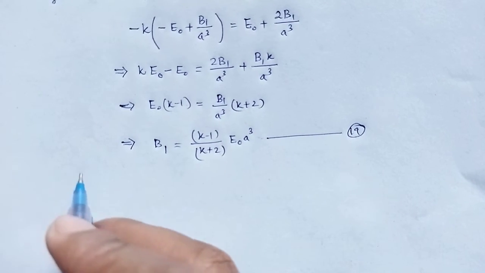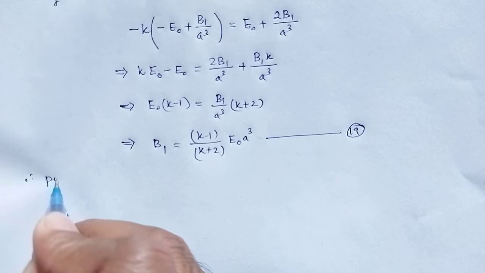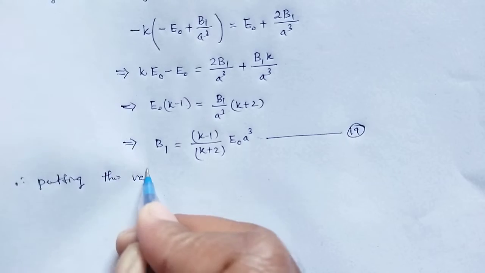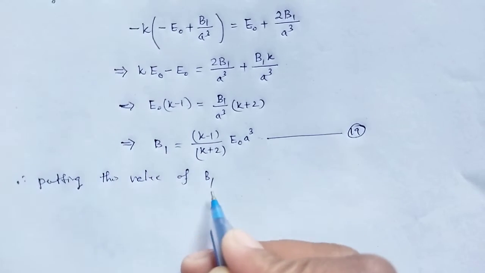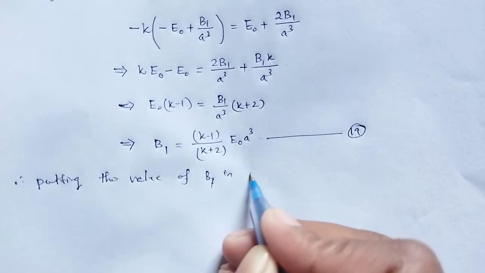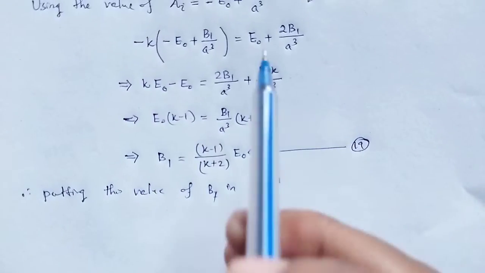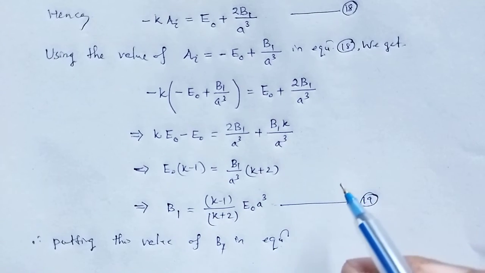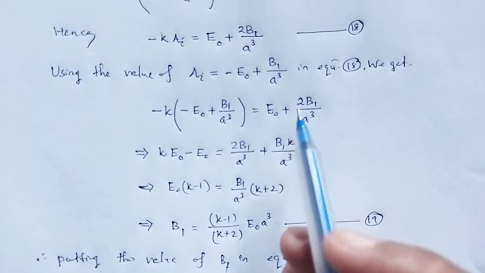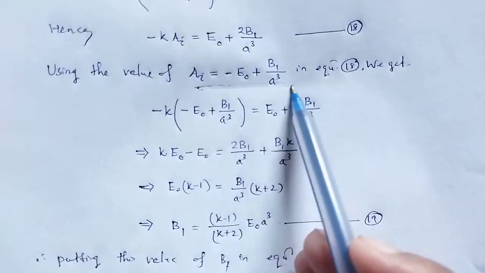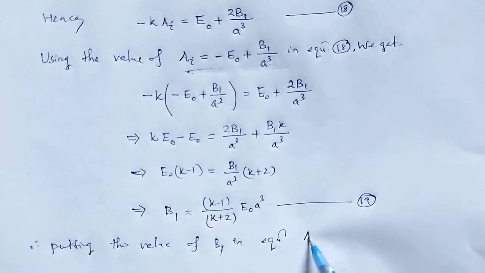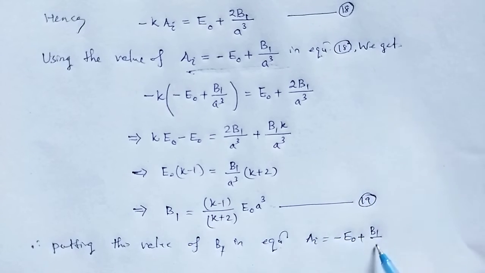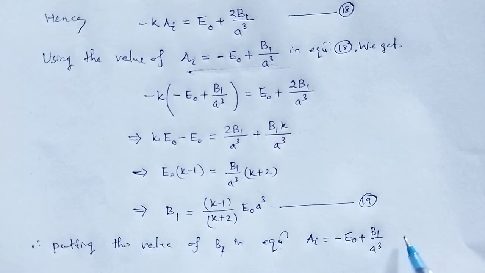Therefore, putting this value of B1 in the equation A I is equal to minus E naught plus B1 by A cubed.